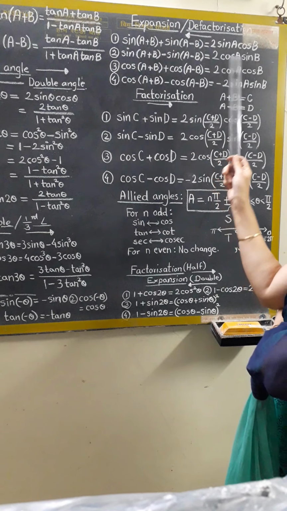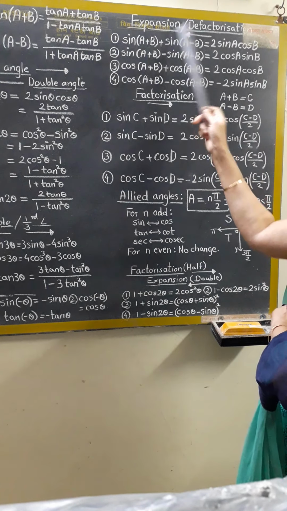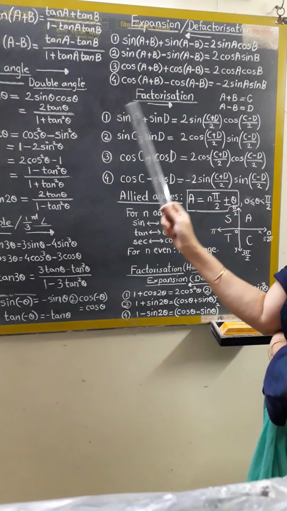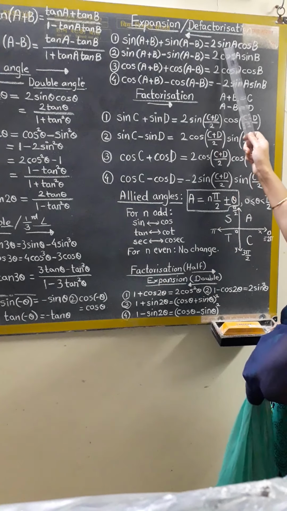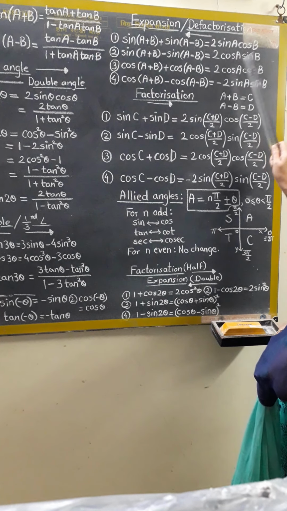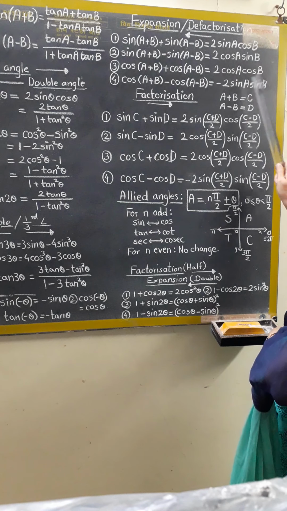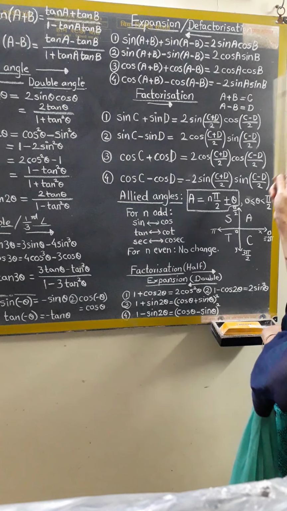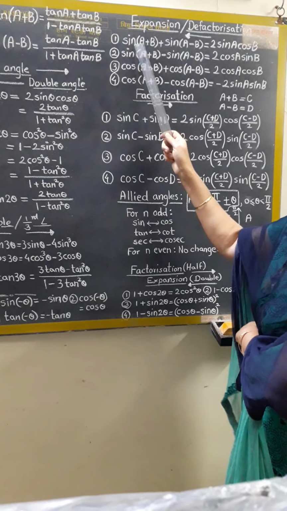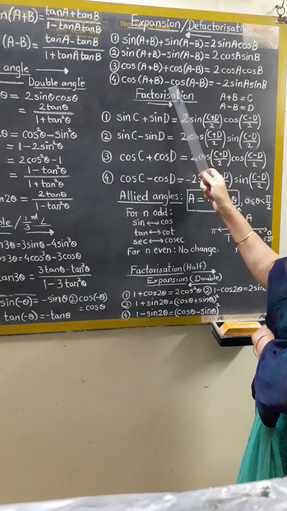One more thing is that we are calling them an expansion formula or defactorization formula. Why we are calling them so is that, note that on the right hand side you can see the products, they are all expressed in terms of product, whereas on the left hand side we are getting the addition or subtraction.